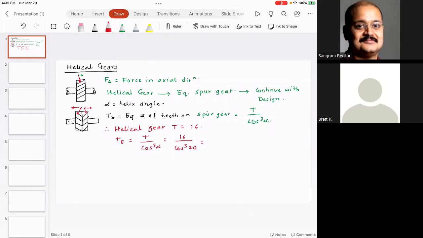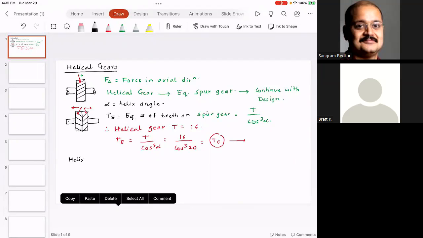And what would happen is you would design the helical gear as if it's a spur gear with slightly more number of teeth. The other important dimensions for the helical gear are helix angle, that can go between 15 to 25 degrees in the plane of rotation.